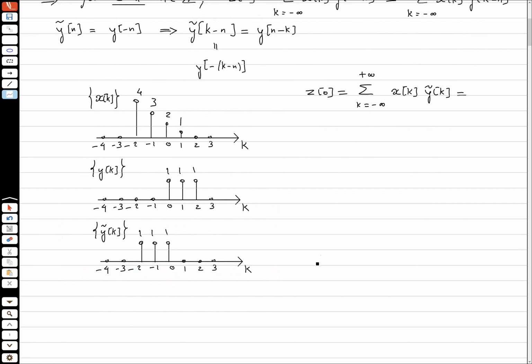All right, so how much do you find? When k is less than minus 3, you only get 0, right? So at k equals minus 2, you multiply this with this. So you get 1. But you have to add with the next one. This plus this times this.